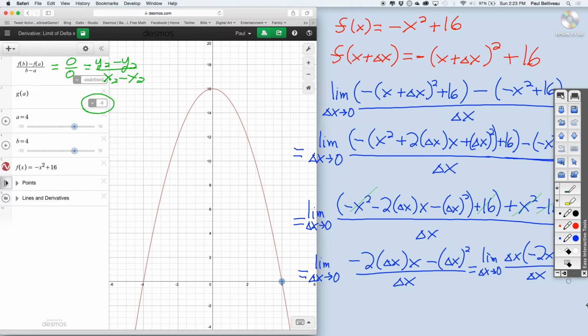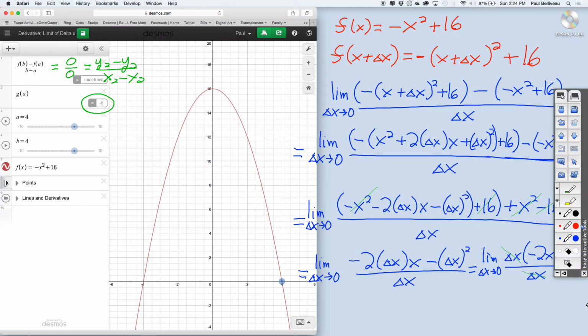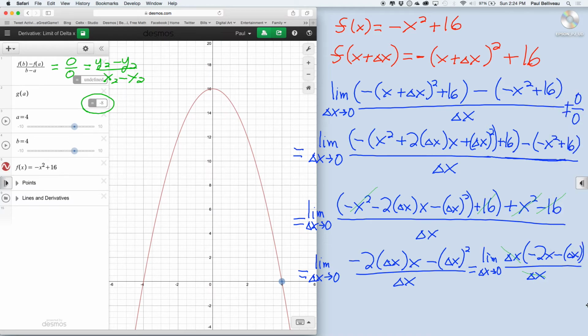But as long as I haven't let that dog off the leash yet, then delta x is not equal to 0 yet. Which means it still has a value, a common value to a factor top and bottom. It can be crossed out. And I will then be left with an expression that says equals limit as delta x approaches 0 of negative 2x minus delta x.